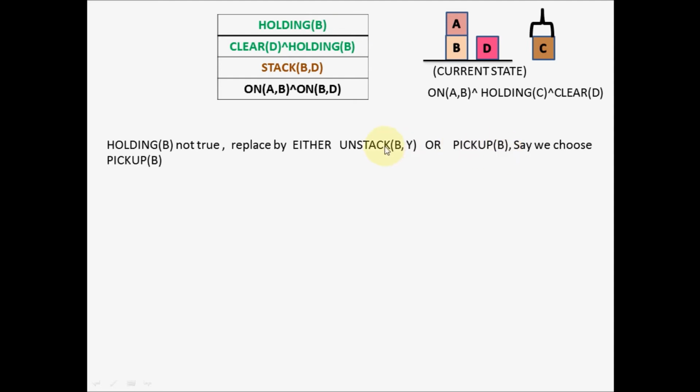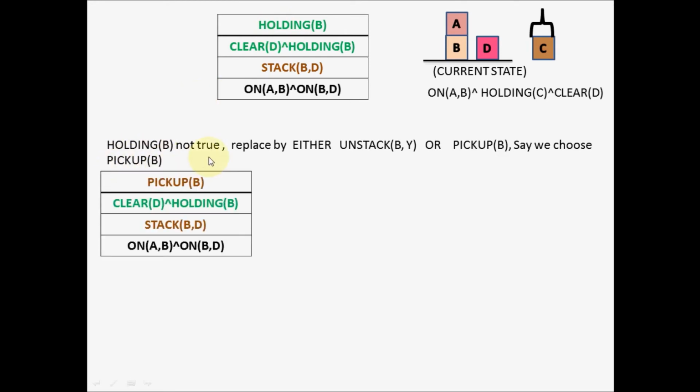And that's why, although there are two actions that I could have chosen, I go for pickup B. Okay, so what it means is, since pickup B after executing will make holding B true, I will remove holding B from the stack and replace holding B with pickup B. Understood?